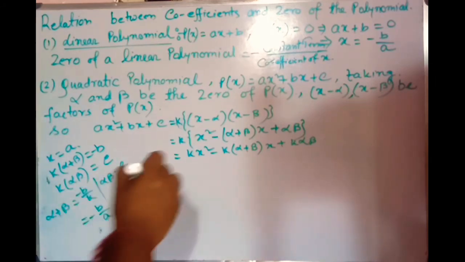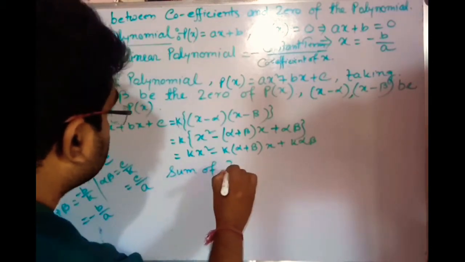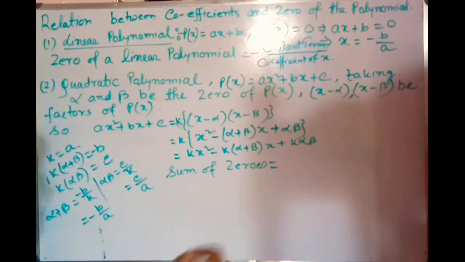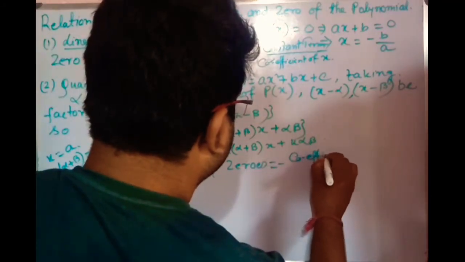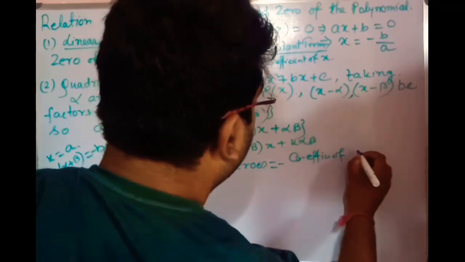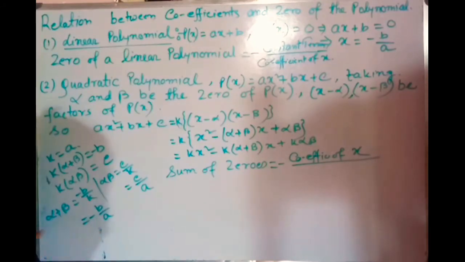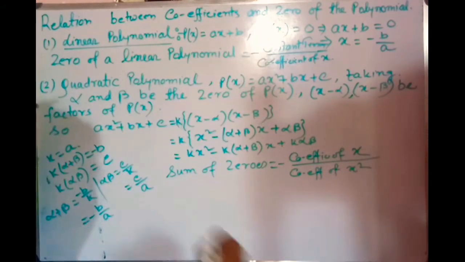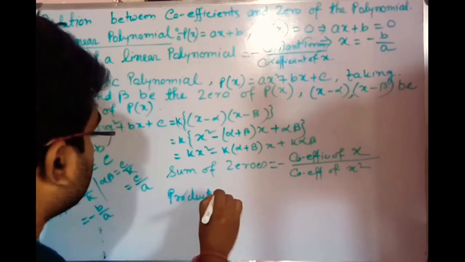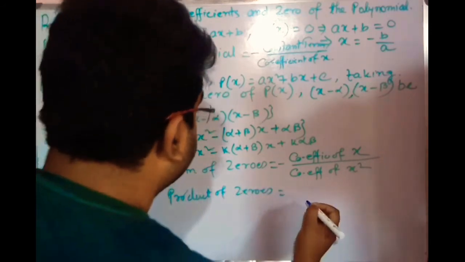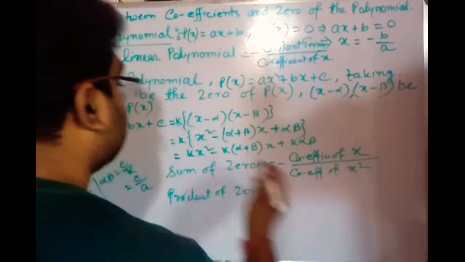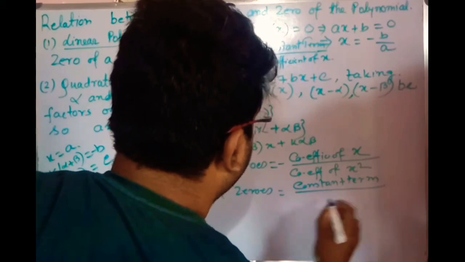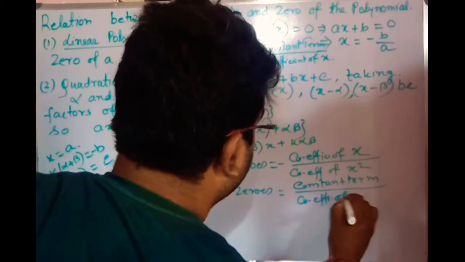So the sum of zeros equals minus coefficient of x divided by coefficient of x square, and the product of zeros equals the constant term divided by the coefficient of x square.